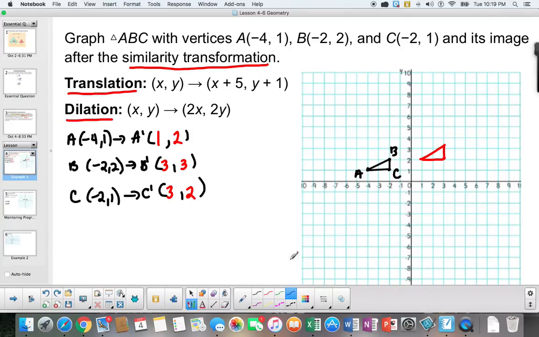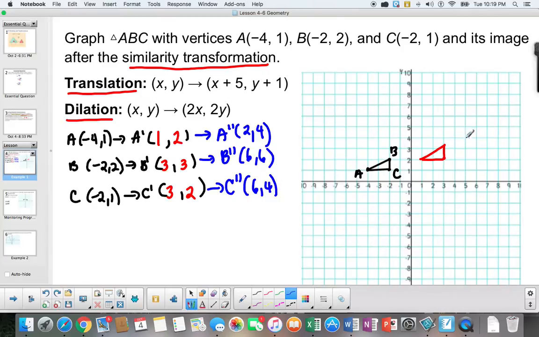Okay, now let me change the color, and now we're going to perform a second transformation. In this case, it's a dilation. So for A double prime, we're going to take these two numbers and multiply them by 2: 2, 4. B prime is 6, 6, and C double prime is going to be 6, 4. Let's go ahead and graph that.